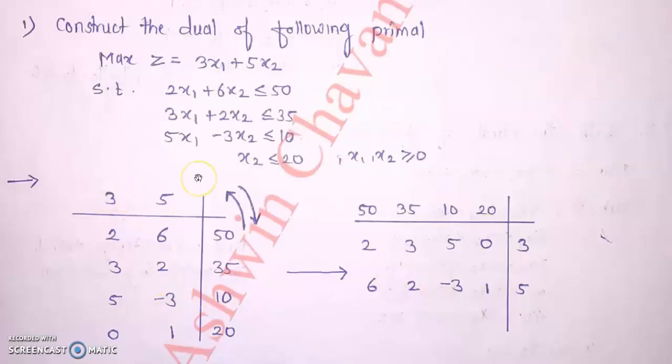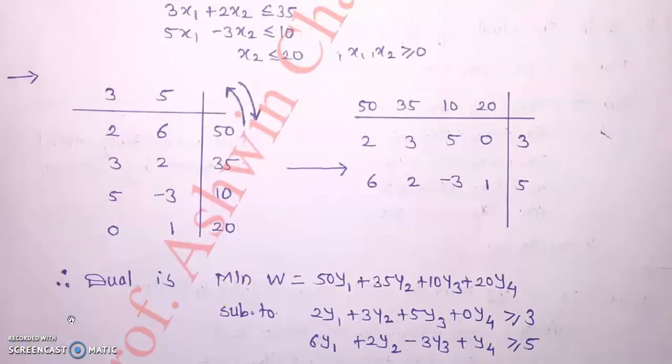So 3 and 5 get shuffled with 50, 35, 10 and 20, whereas this coefficient matrix becomes transposed. And now the given LPP was maximization, so while writing the dual we write minimization. The given objective function was z, we write another notation w. The given variables were x1, x2, x3, we write y1, y2, y3, y4 accordingly. These are the first changes.